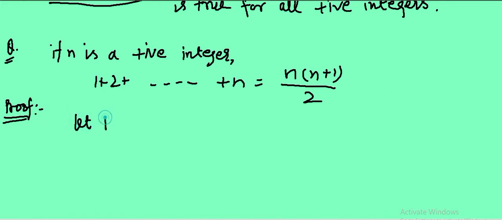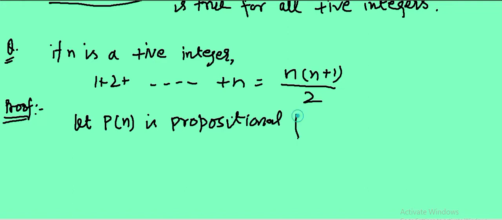So first, let Pn be a propositional function. Then for the basis step, which is our first step, we have to prove it for P1.